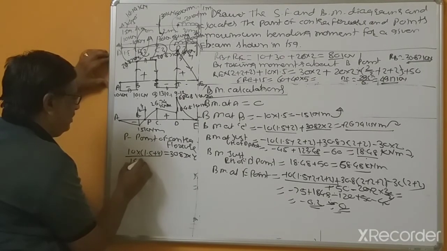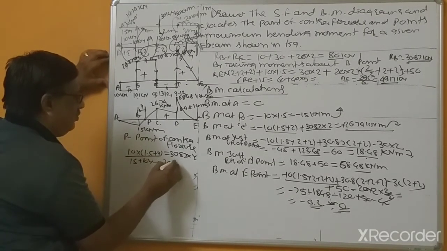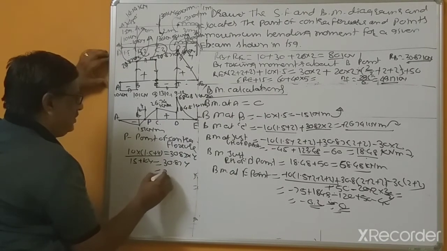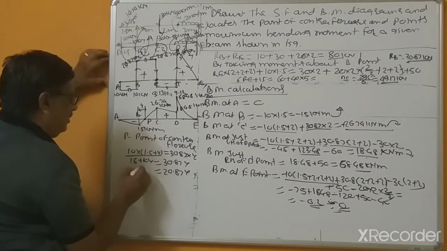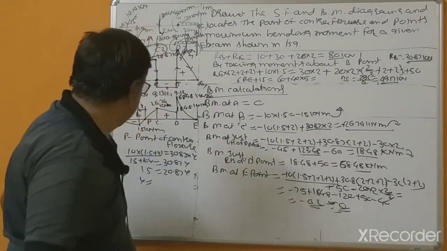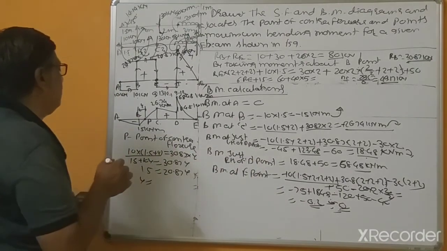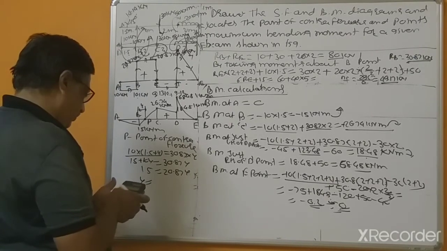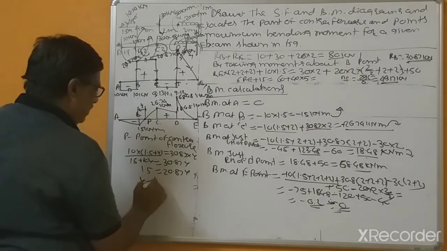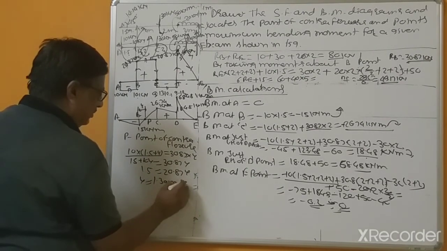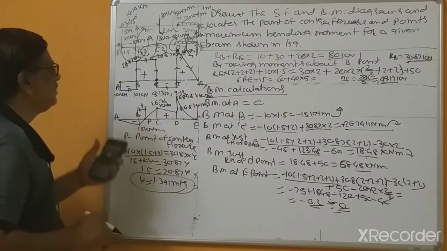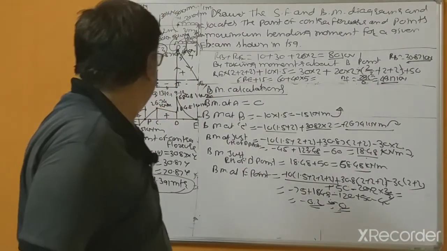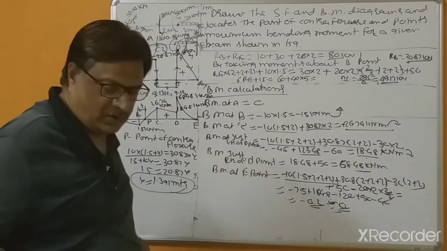And this is 15 plus 10y, 30.87y, and this is equal to 20.87y equal to 15, y equal to 0 point something. This value 20.87 divided by 15, 1.39 meter. So this is the point of contraflexure where change of, means where bending moment equal to 0.